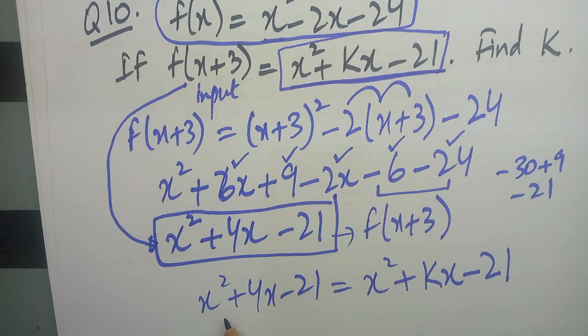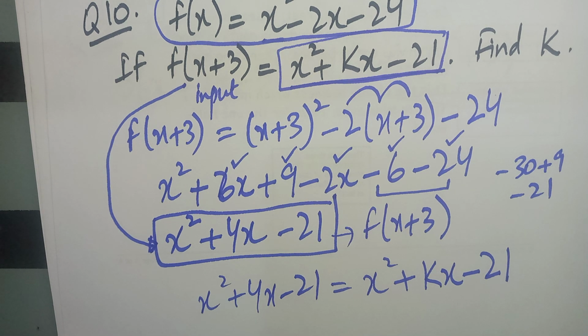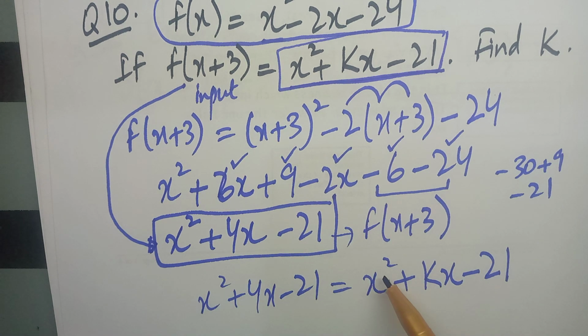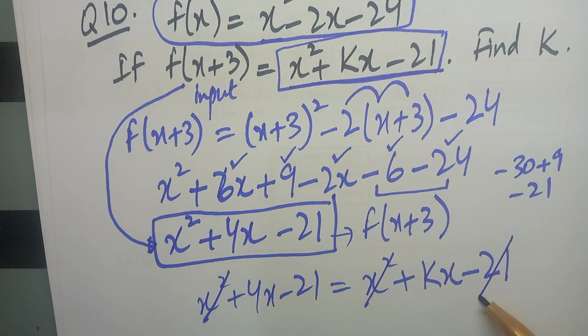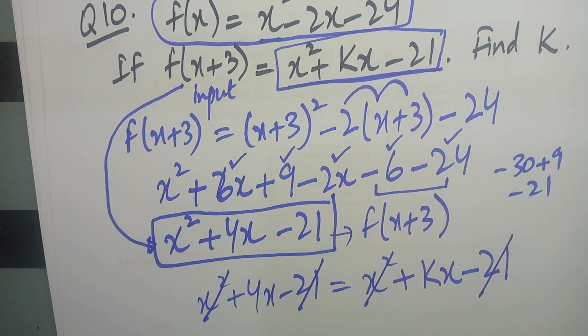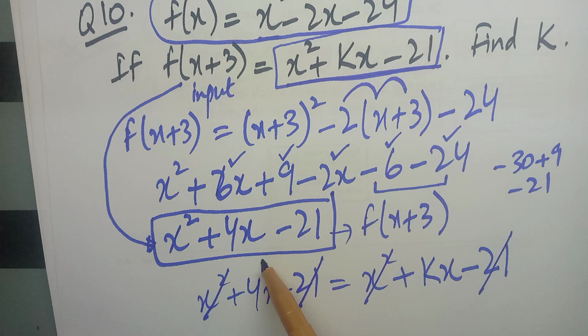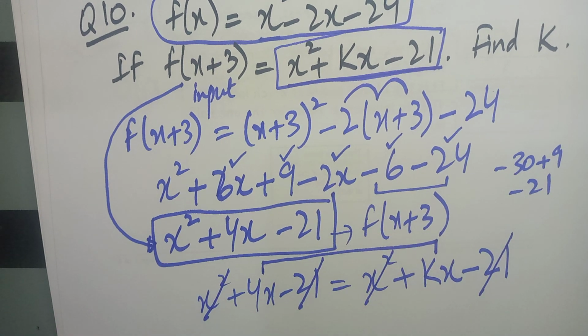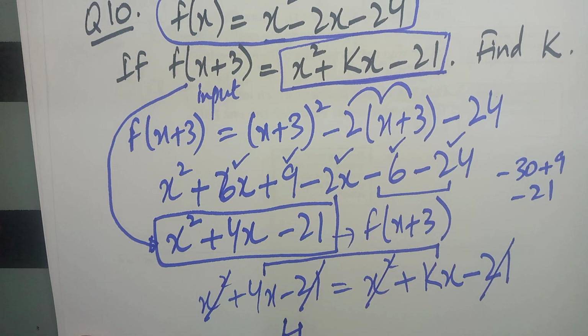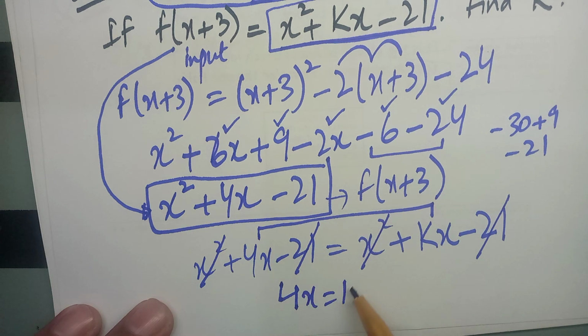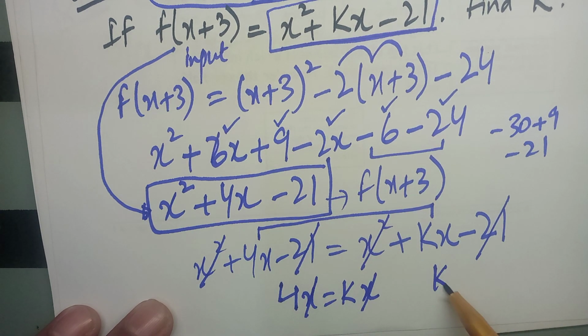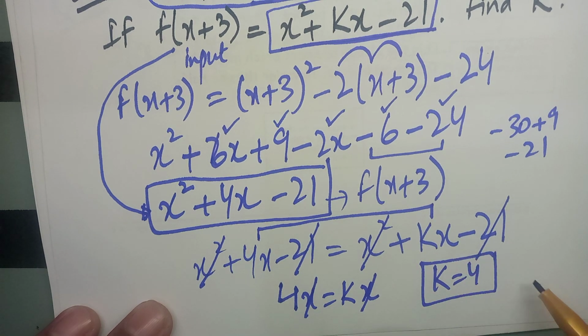Now we need to compare the coefficients. x square we can cancel out, minus 21 with minus 21 we can cancel out. So 4x is equal to kx, so we can cancel x with x. So the value of k is equal to 4.